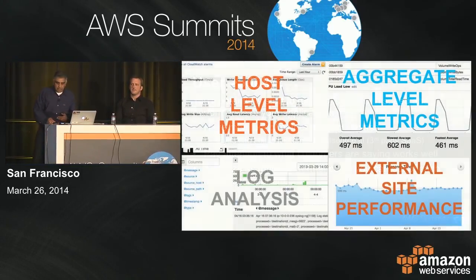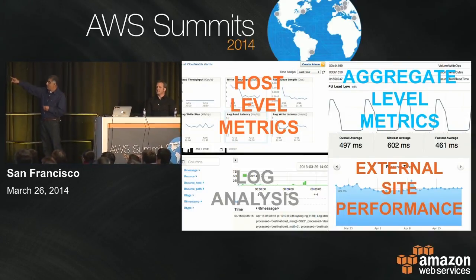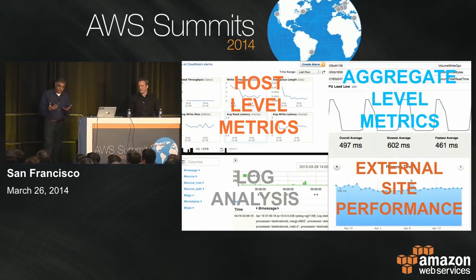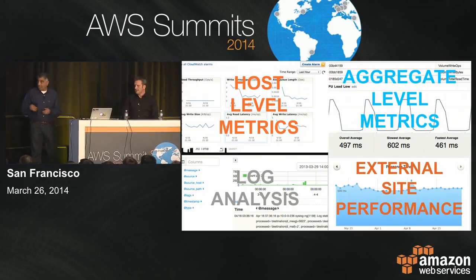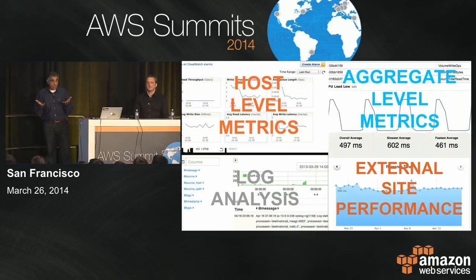I made a reference to CloudWatch, which is in the top two screenshots there, giving you host level and aggregate level metrics. In the bottom two screenshots, one is a log analysis tool to collect logs.